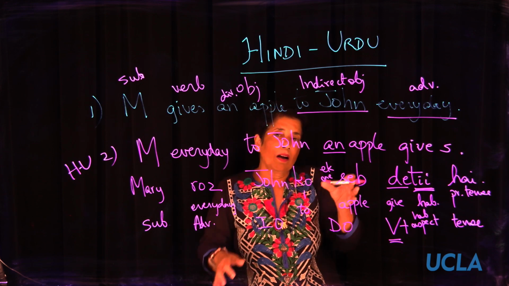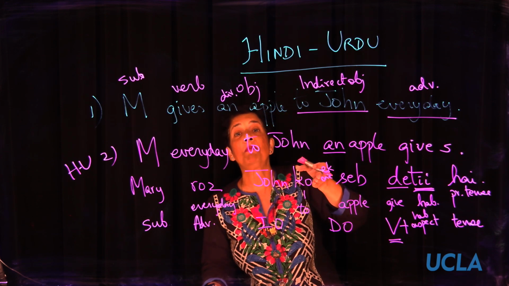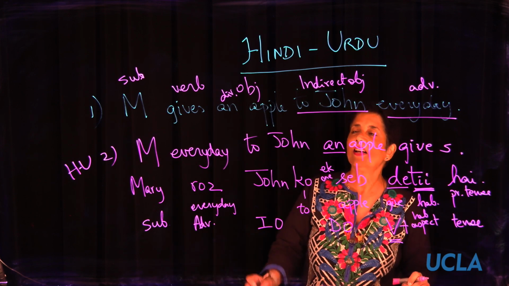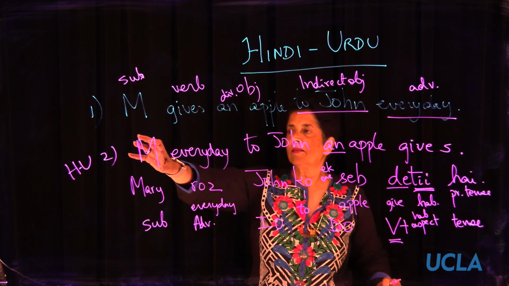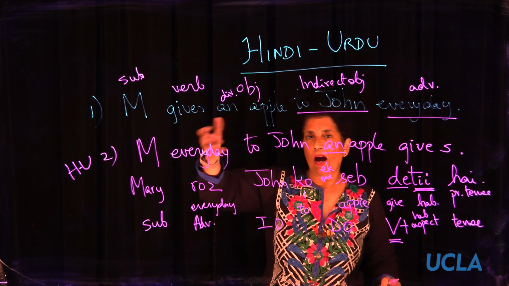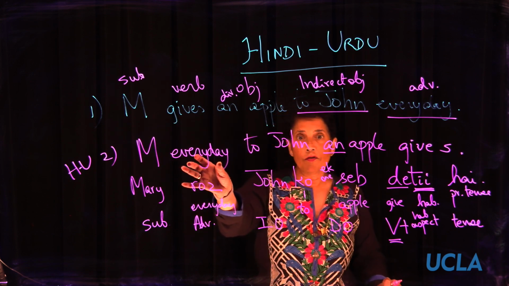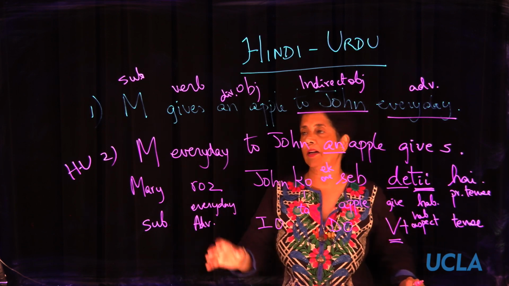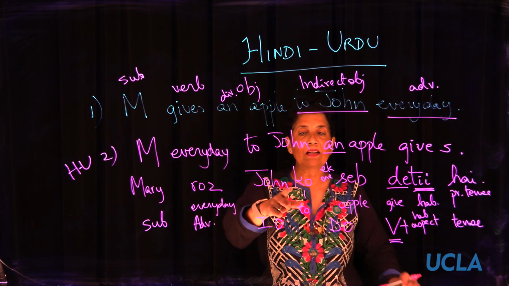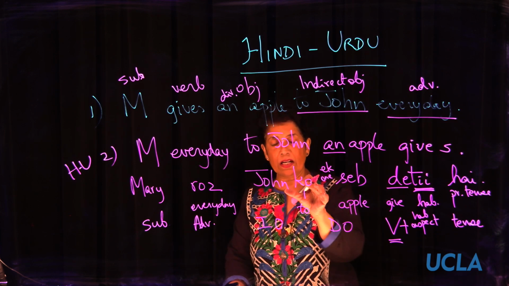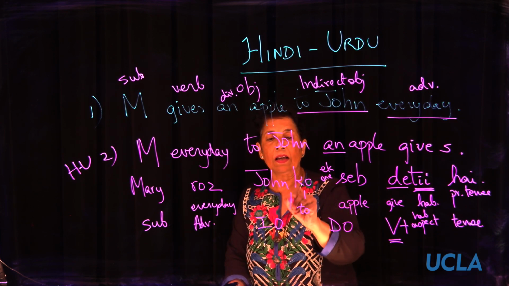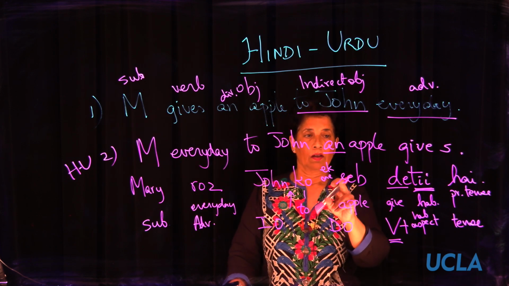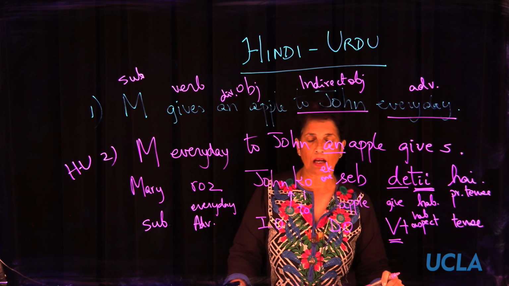You can't move it within a phrase, right? So similarly in Hindi-Urdu, I just gave you examples that you could move every day to many different positions. However, you cannot make it go in between a phrase. So, for example, here, you can't say Mary John Rose ko सेब देती है. Doesn't sound good.